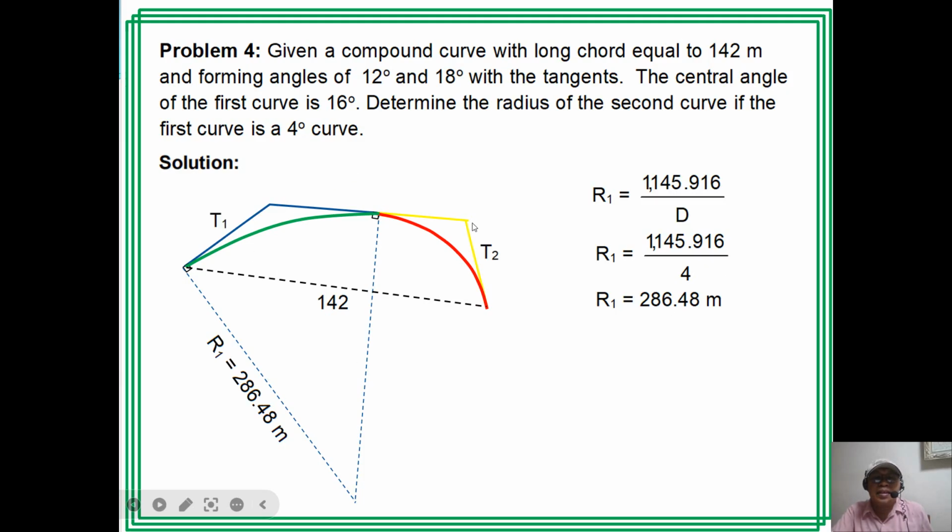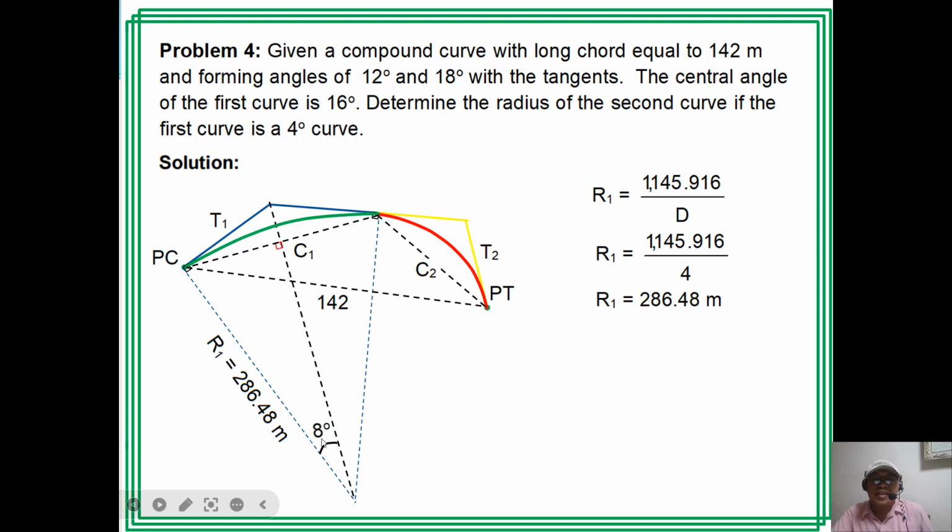Then this is T1. This is T2. I can have the PC, and this is the PT. This is the PCC. So chord C1 and then chord C2. So from R1 equal to 286.48, and this is central angle 16, I can solve for C1.